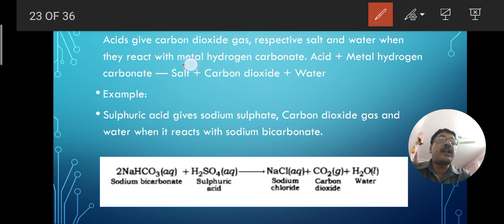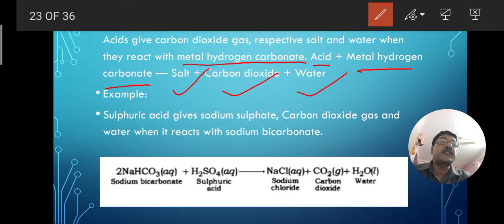This metal hydrogen carbonate will react with the acid, and it will produce the salt, carbon dioxide and water, same as in the case of the metal carbonate like sodium carbonate. When it reacts with nitric acid or sulfuric acid or hydrochloric acid, here also all three things will be produced as we have seen in the previous case.